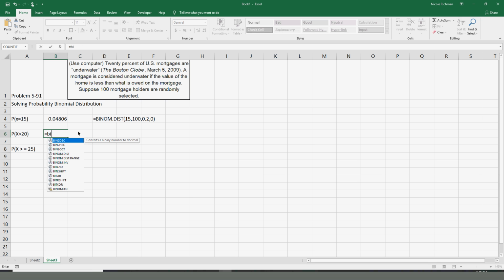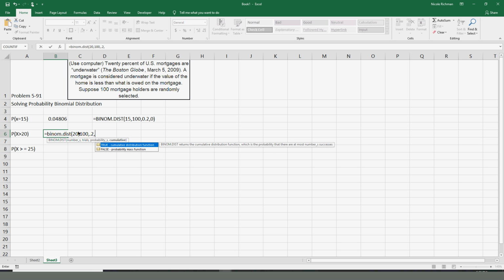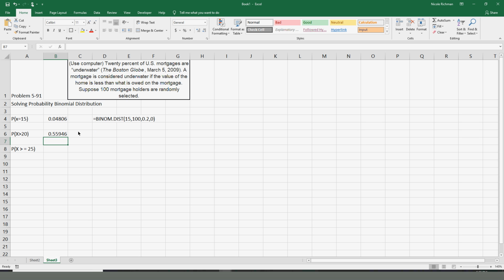Oh, helps if I finish the function. binom.dist, 20, comma 100, comma 0.2. See, I have fat fingers too. But this time we want to know the greater than. So we want the math function, so we're going to type in a 1. So the probability that it's going to be greater than 20 is 0.55.